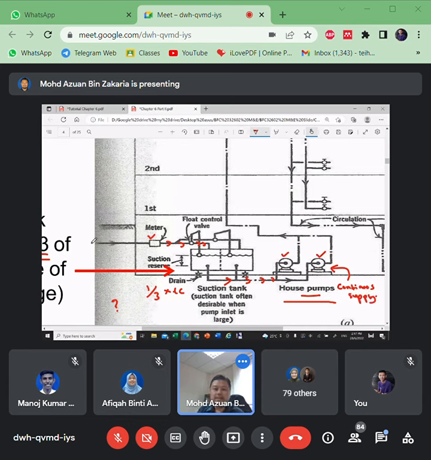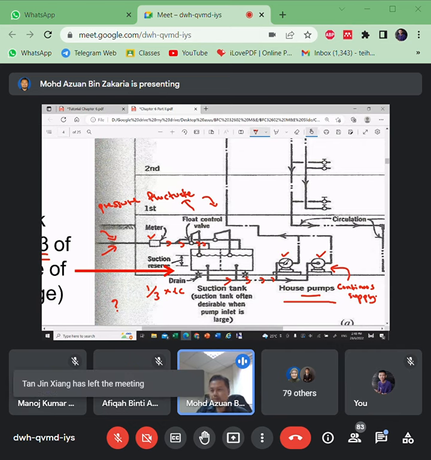Because sometimes the water pressure from the main water pipe can fluctuate. Sometimes high, sometimes normal, sometimes low. If we don't have a suction tank, this fluctuation will create problems for the pumps. If the pressure is low, the pumps will work harder. And sometimes there is some sand or bubbles inside the water, so the pumps will not work efficiently.